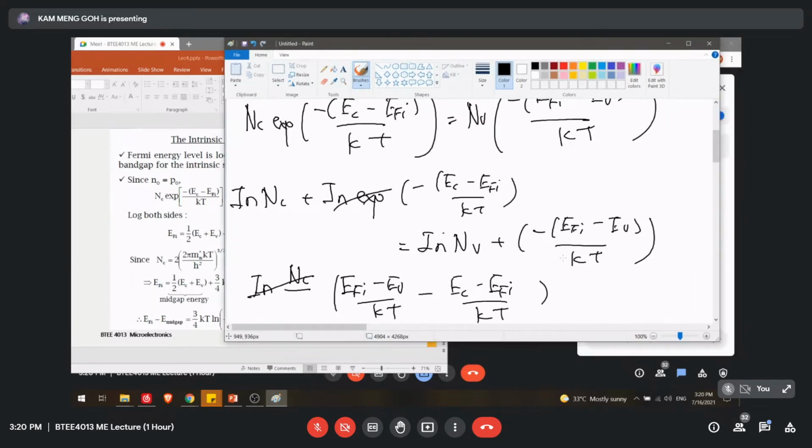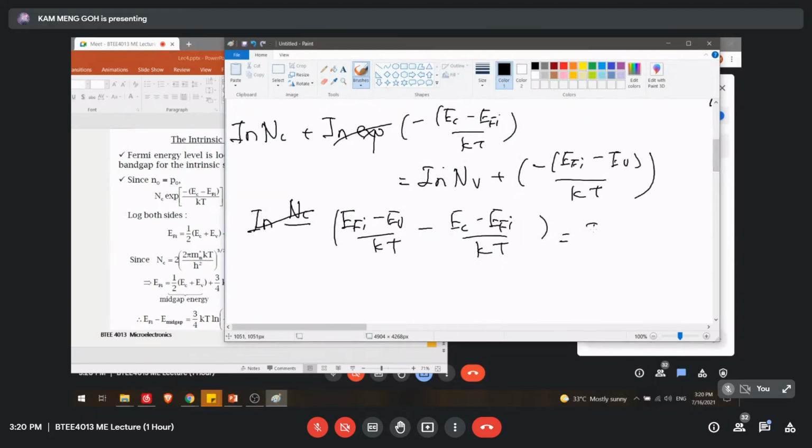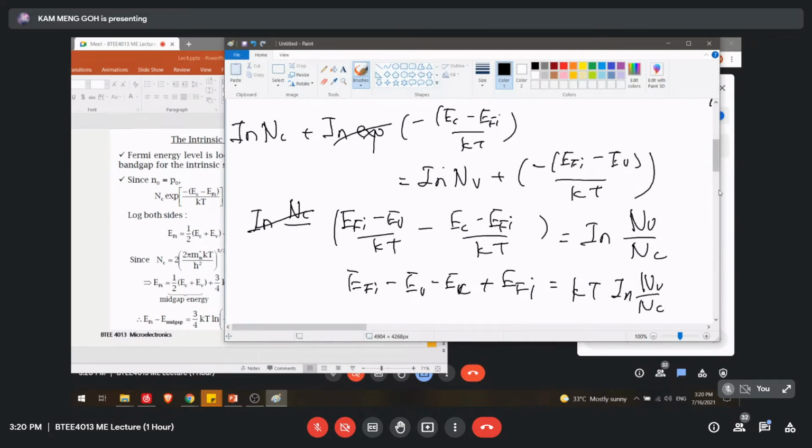Then we do here, this will become ln NV over NC. Okay, then we move the kT to the other side. So right now, EFI minus EV minus EC plus EFI, because minus multiplied by minus equals plus, equals kT ln NV over NC.